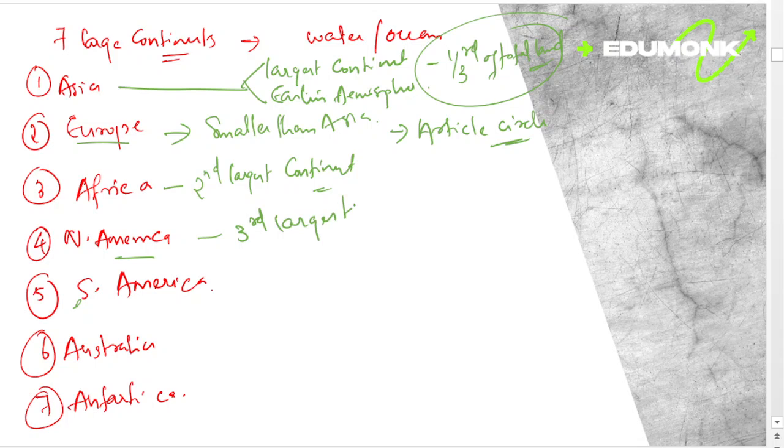This continent lies completely in the northern and western hemisphere. Then South America, it mostly lies on the southern hemisphere. It's surrounded by two oceans, Pacific Ocean and Atlantic Ocean. Then Australia is the smallest continent.